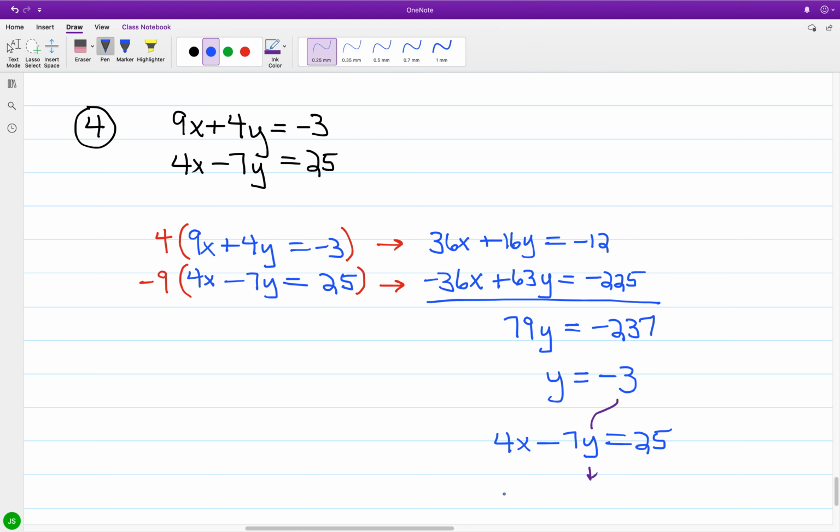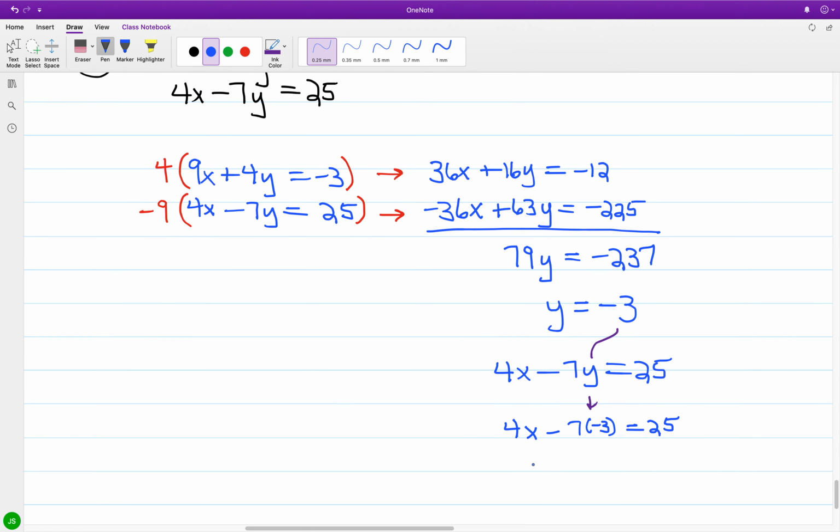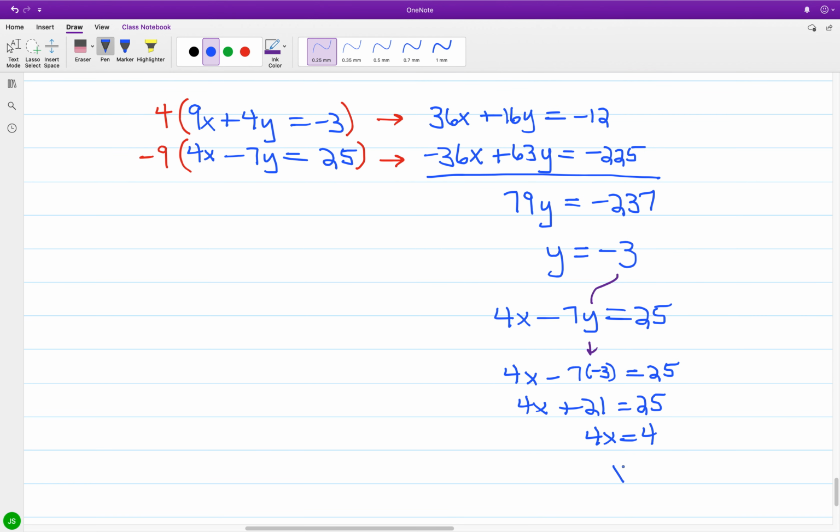So we have 4x minus 7 times negative 3 equal to 25. So you have 4x plus 21 equal to 25. So 4x is equal to 4, and so x is equal to 1.